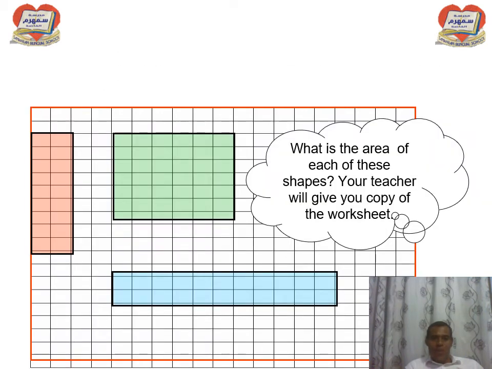Now what is the area of each of these shapes? Okay, this also we did in the classroom. This is 1, 2, 3, 4, 5, 6, 7. This is not accurate, so this one we consider as only 7 centimeter. 1, 2, 3, 4, 5, 6, 7, just at this point, my learners.